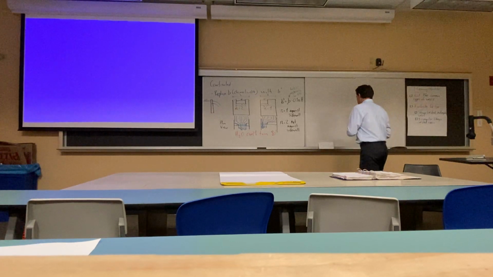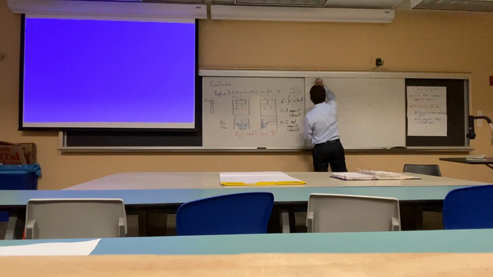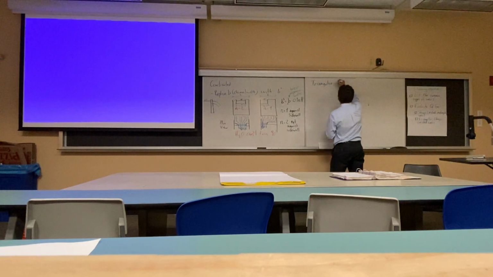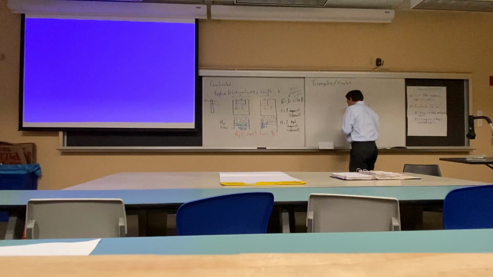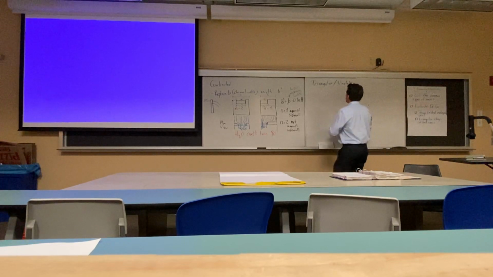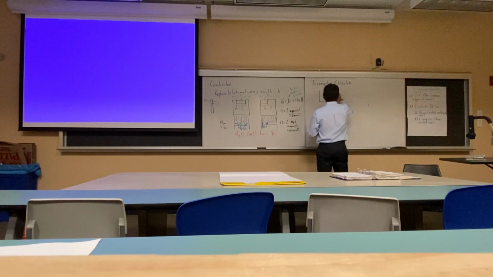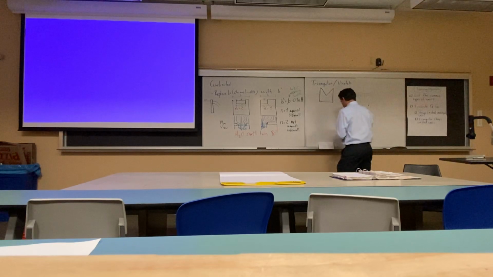All right, and the last one that we're going to look at is triangular or V-notch weirs. And if I do a head-on view of a triangular V-notch weir, that's essentially what we're looking at.